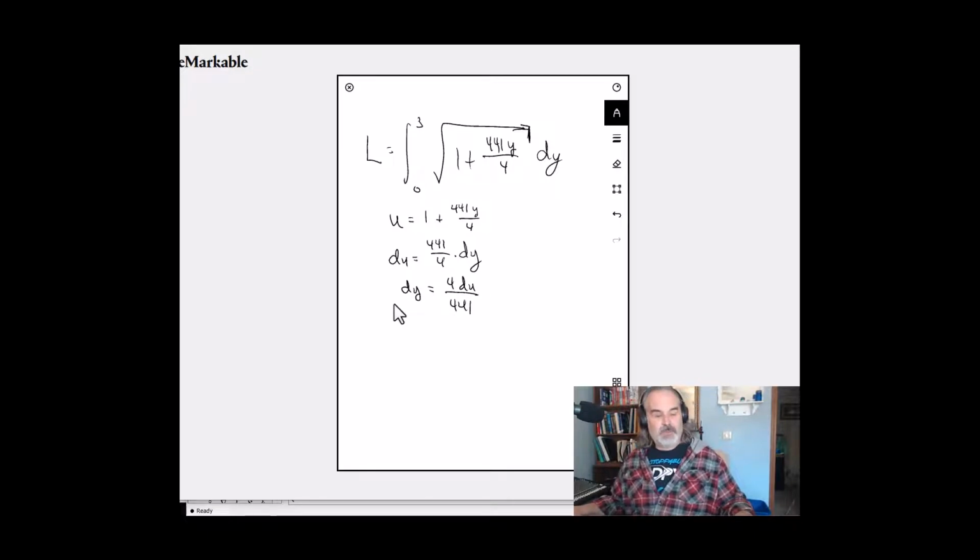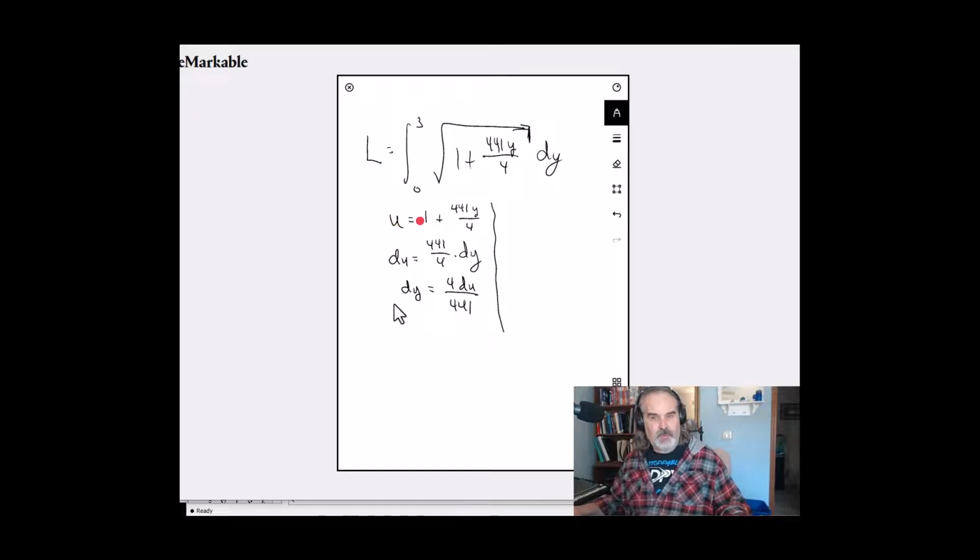Now, when you do a u substitution, there's two ways to go from here, right? We can proceed as follows and then reverse the substitution back to the original y so that we can apply the limits of 0 and 3, or we can just forget y from this moment on and never have to go back to it. So I'm going to do that.